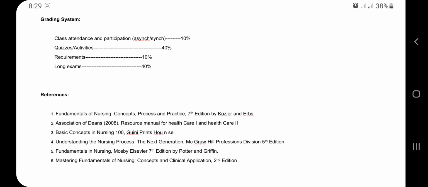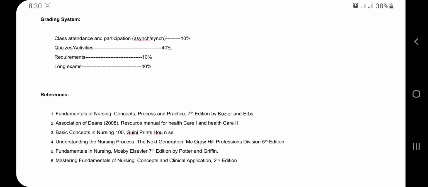My discussion will be based on a PowerPoint presentation. So if you ask me, ma'am, do we need to buy books? It's up to you if you want to buy books so you have a basis for studying. Or if you don't want to, that's fine with me as long as you can follow my discussion in our lecture.